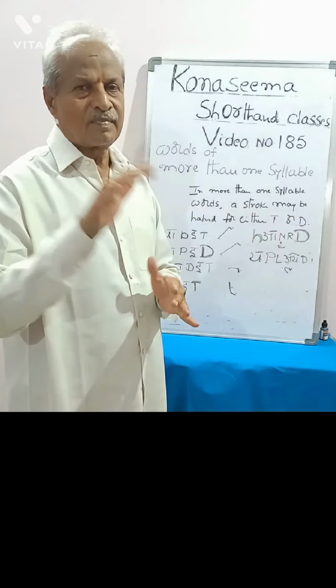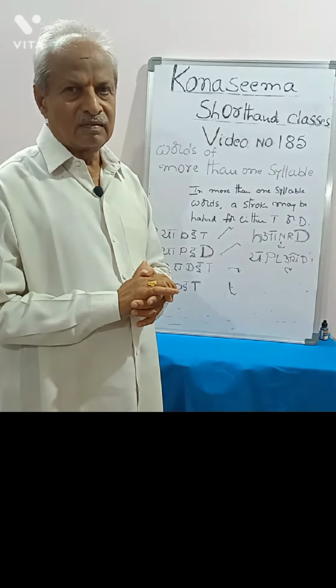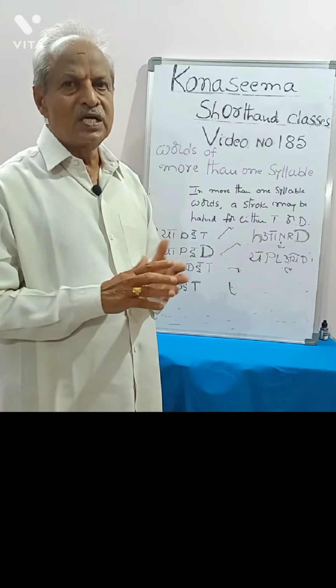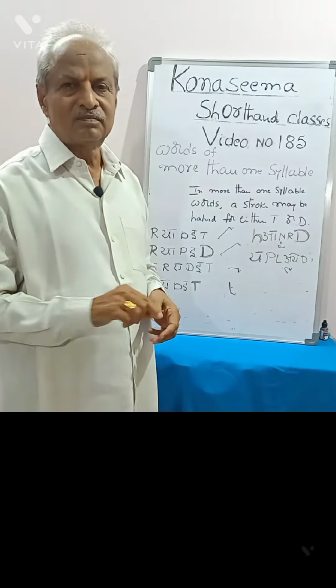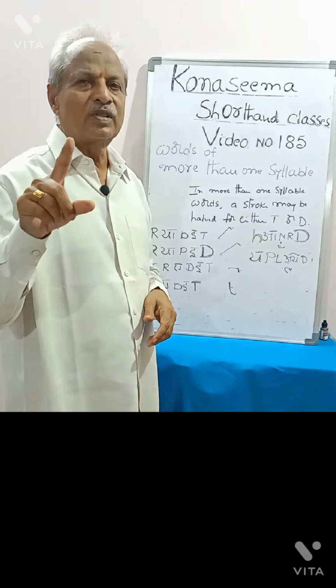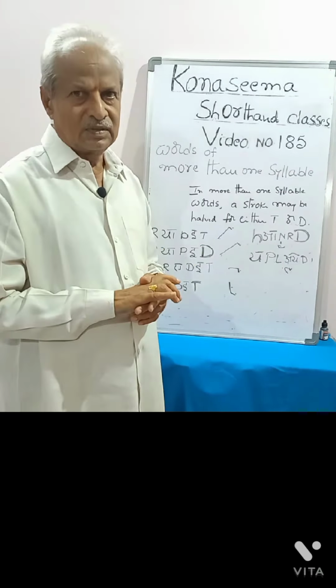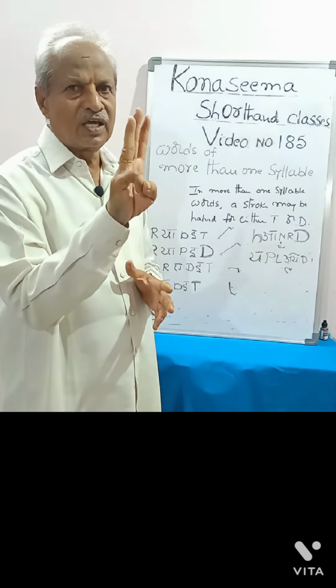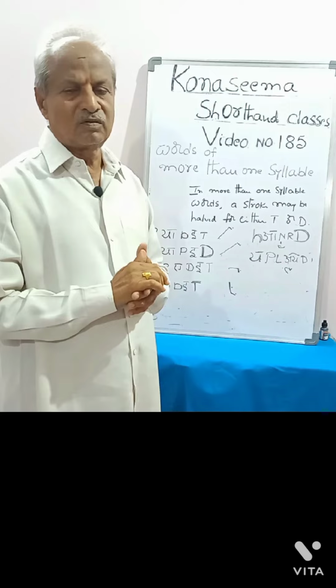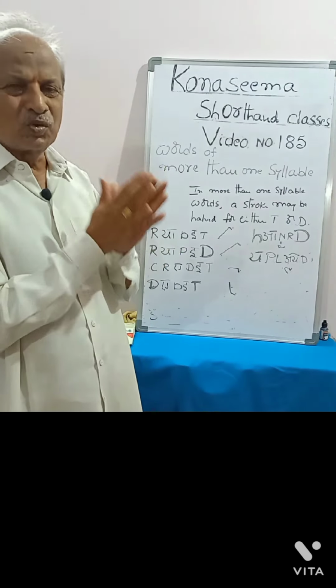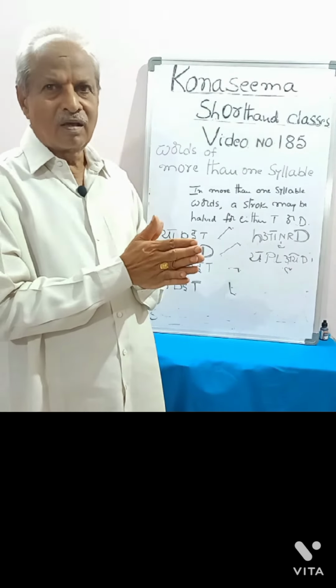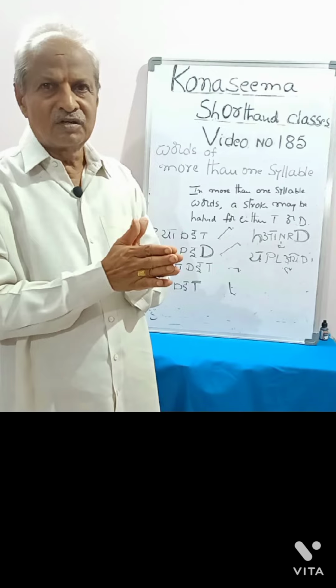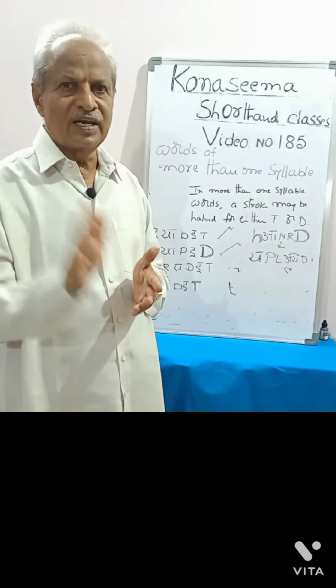Here in this chapter, we are talking about single syllable and more than one syllable. In single syllable words, there are three rules. One is light stroke shall be halved for T only. T is a light stroke.